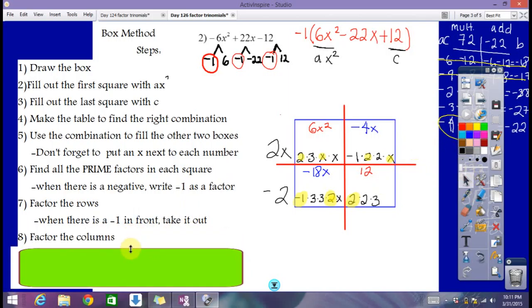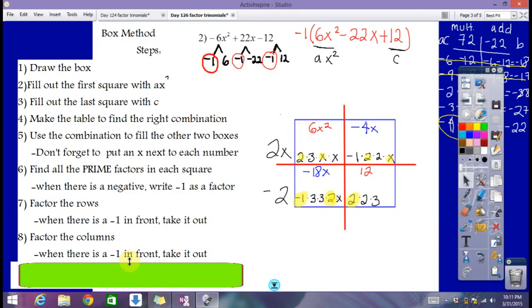Now factor the columns. So again, when there's a -1 in the front, take it out. Let's go back a little bit. We got something else in common. Mistake: we got in common the 2, but also a 3 over here.